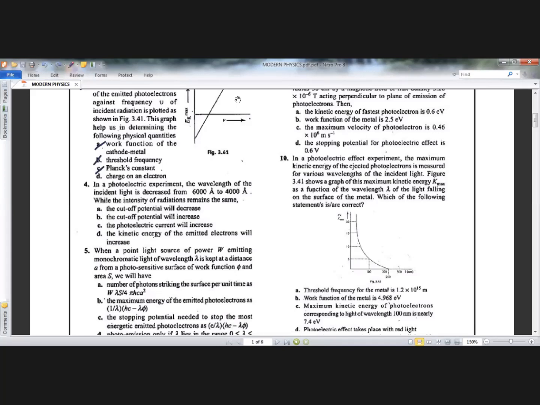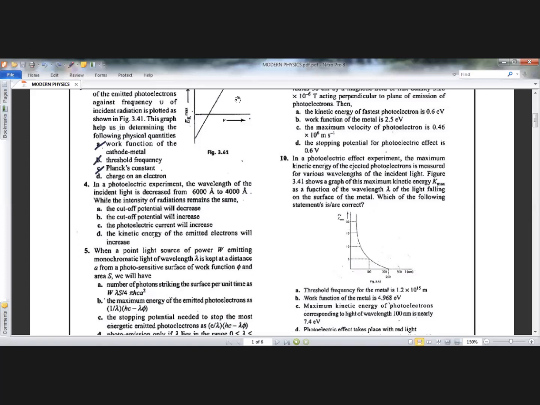You can stop the photoelectrons by applying a potential, and that potential depends upon the incident photon wavelength. So in this case, when the wavelength is reduced, what will happen to stopping potential?